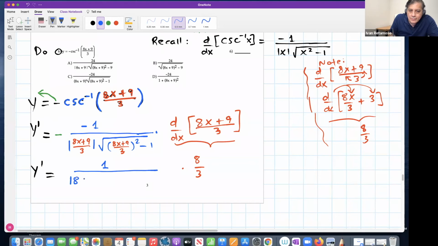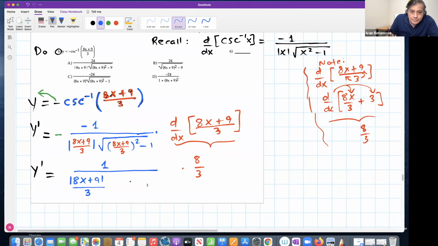The absolute value of 8x plus 9 cannot be simplified because we don't know the value of x. If x is positive, it will be just itself, but if x is very negative, this could be negative. We don't know, so leave the absolute values there. Now, the absolute value of 3, however, since 3 is definitely a positive number, it's just 3.